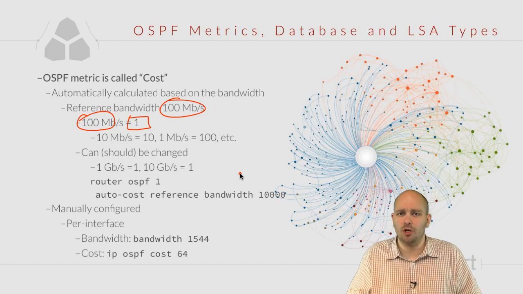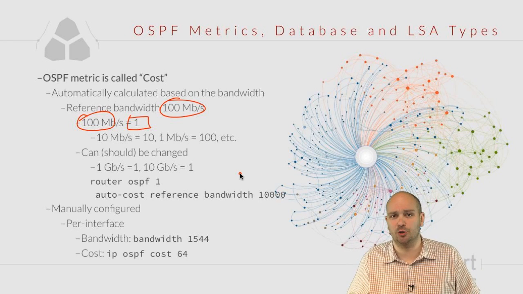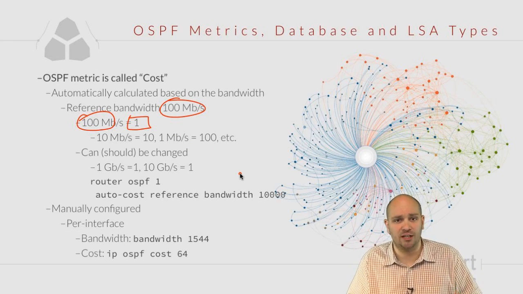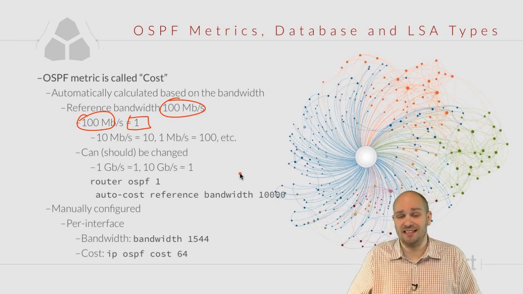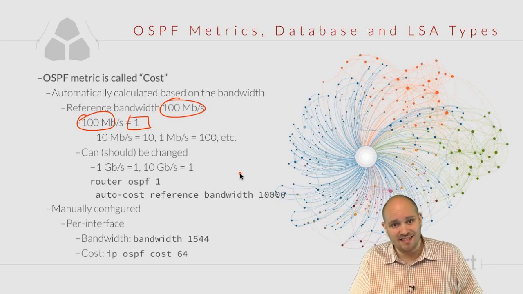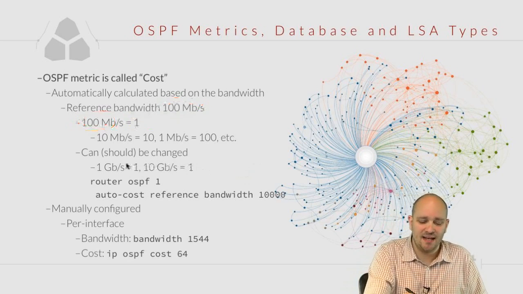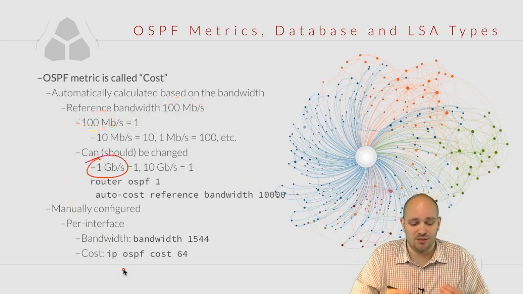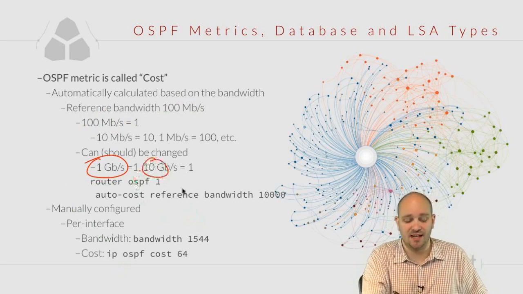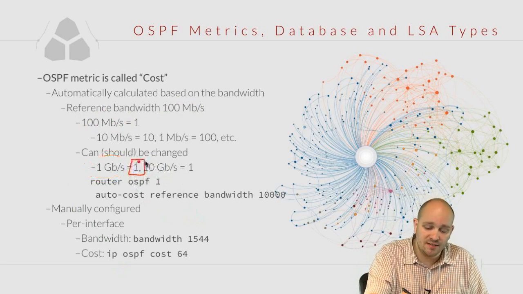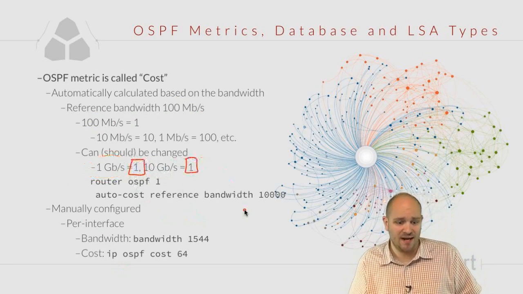But these days, when we are talking about multi-gigabit links, gigabit links, 10 gigabit links, 40 gigabit links, 100 gigabit links, using 100 megabits per second as the reference bandwidth does have some very interesting side effects. The side effect is that even if we had an interface with 1 gigabit per second bandwidth, or let's say 10 gigabits per second, these would still be perceived by OSPF as having a cost of 1 by default.